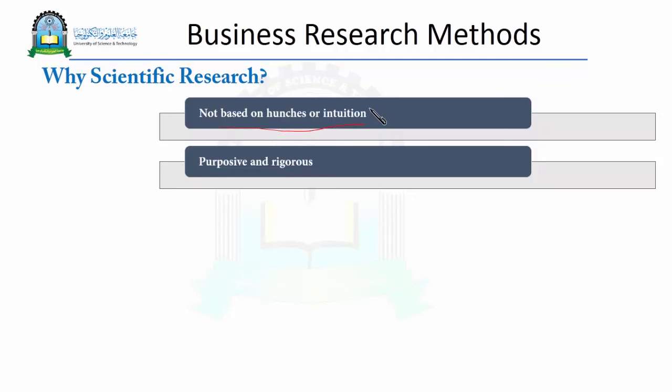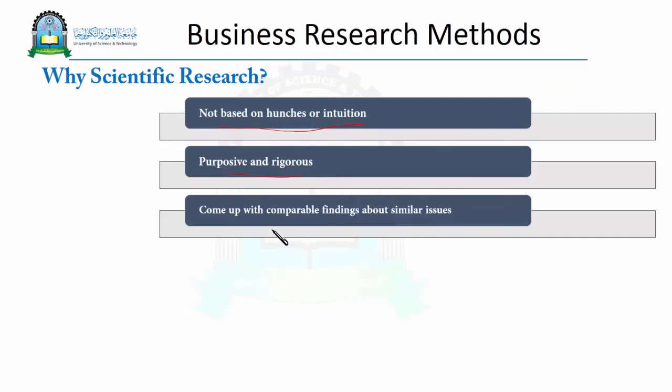It is dependent on scientific methodologies and methods. So purposive and rigorous. It has a purpose, an objective, a goal. I cannot do research if I don't have a goal. And rigorous, dependent on previous work and previous models and theories, coming up with comparable findings about a similar issue.